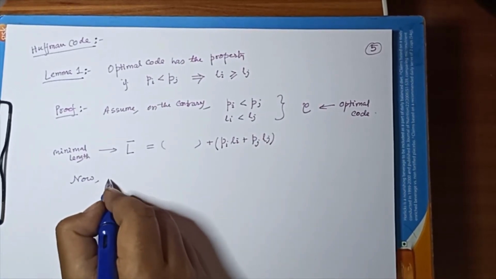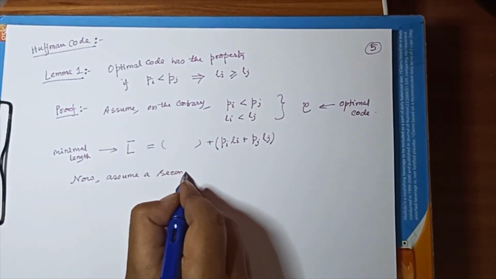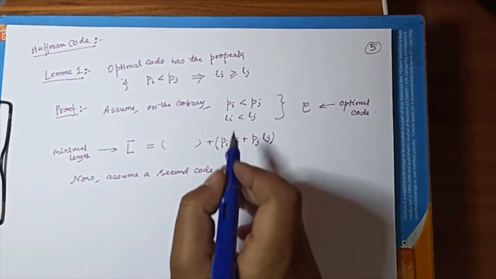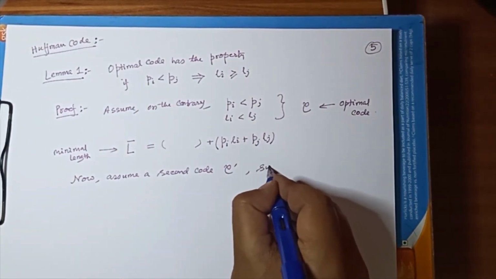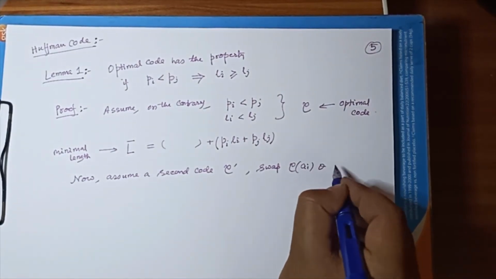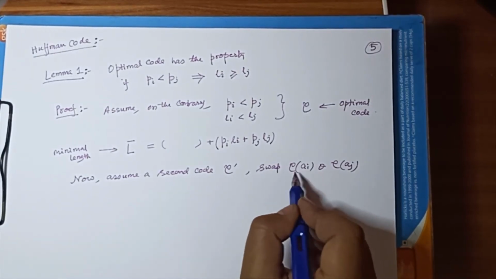Now assume a second code, say C dash, where you just swap these two code words for i and j. So swap C ai and C aj.